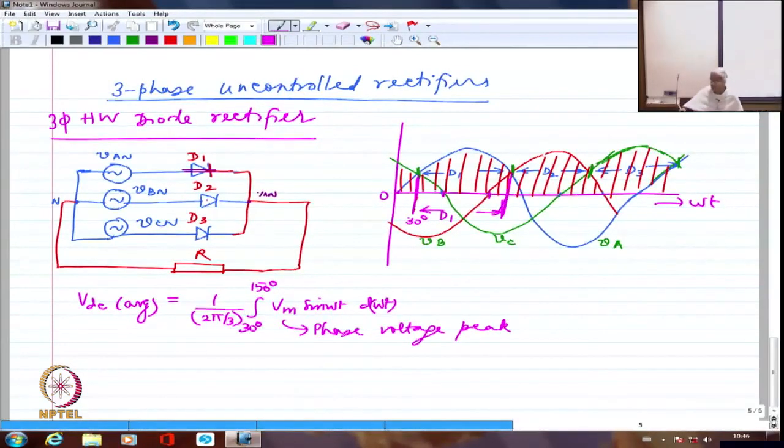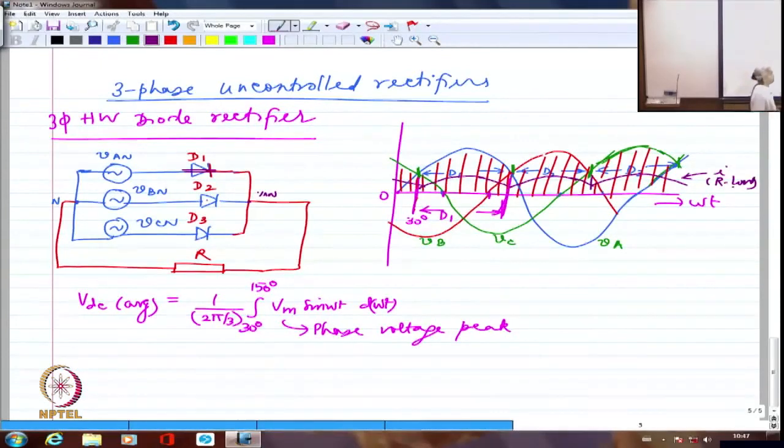If it is a resistance load, I am going to have the current somewhat like this. It will go like this, and again it will jump up like this. Same 120 degree duration, again I will have the current like this. So this will be the current for R load.